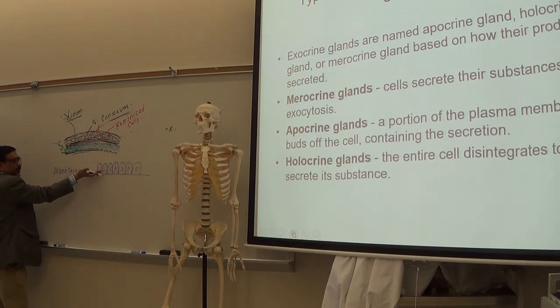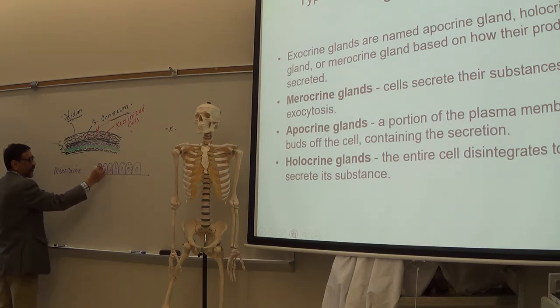These chemical molecules move up, and inside the cells you have vesicles. Vesicles are membranous sacs, and these vesicles get filled with those chemicals. So chemicals are located inside the vesicles.